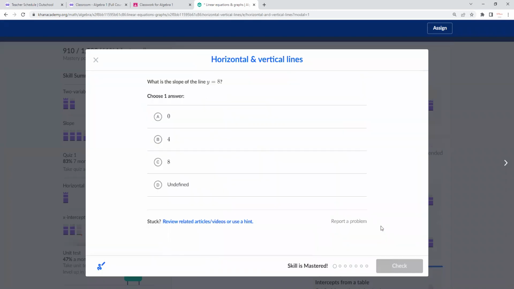Okay, so now we have horizontal and vertical lines. Well, horizontal is your x-axis. Vertical is your y-axis.